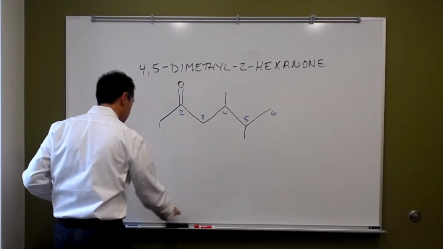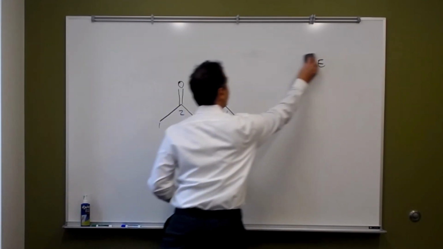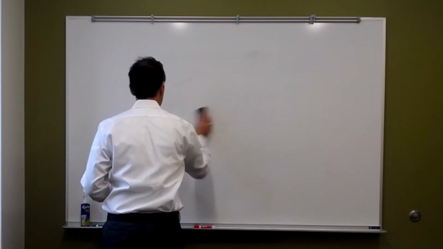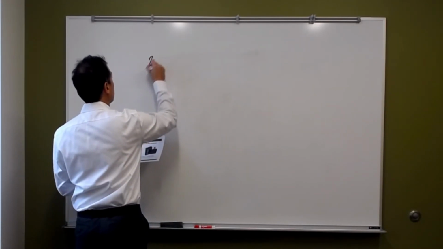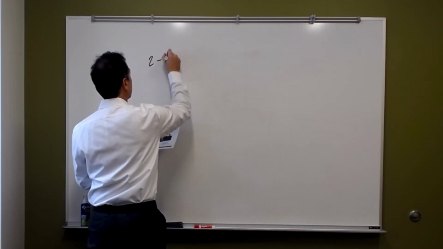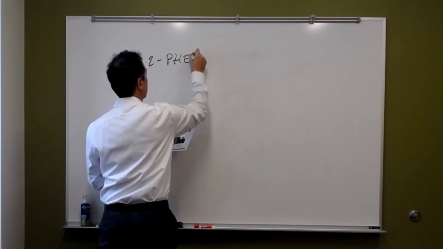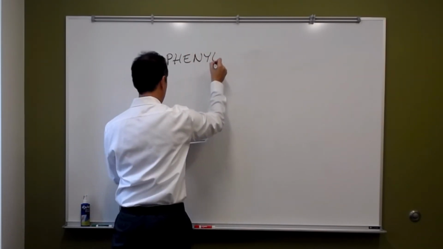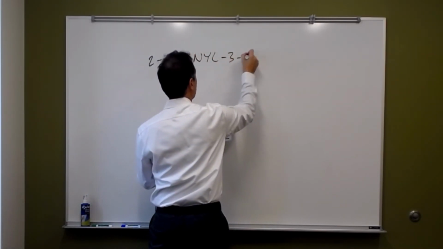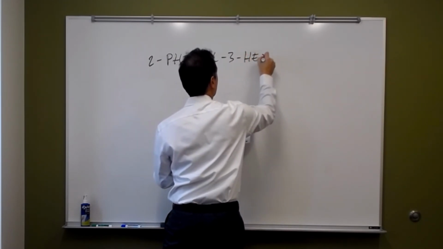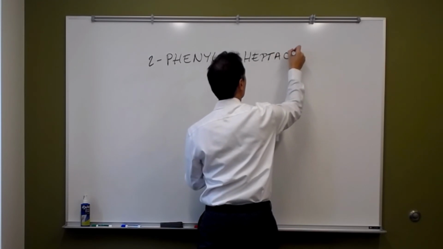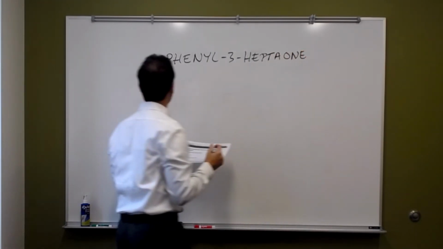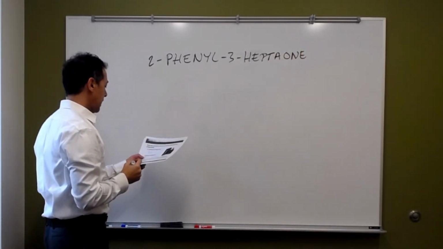All right, let's try one more here. This one is 2-phenyl-3-heptanone. 2-phenyl-3-heptanone.